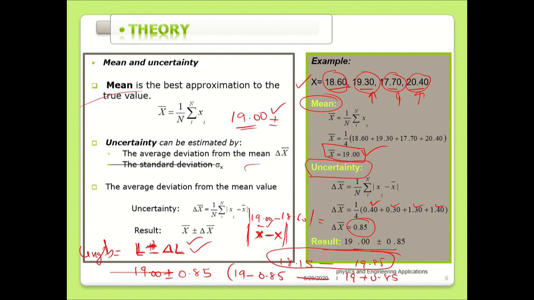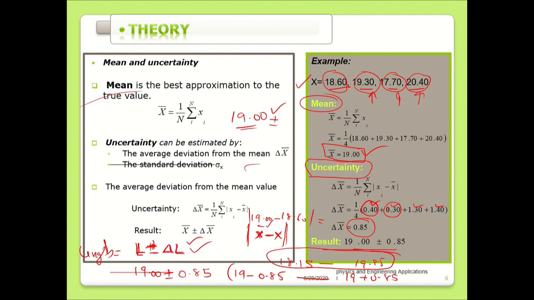So the absolute value of 19 minus 18.60 is 0.40. The second measured value is 19.30. So the absolute difference between 19.30 and the mean value is 19 minus 19.30, so it will be 0.30. Because of the absolute value, you always keep the plus sign.